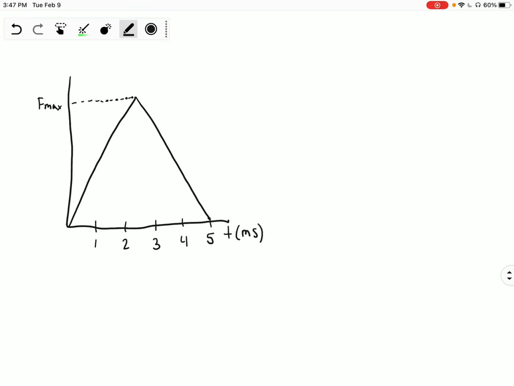Pretty sure this is one of the assignment questions, or close to it. And it asks something like a 10-kilogram car, which doesn't really seem like a car now that I think about it, but I'm just going to go with it.